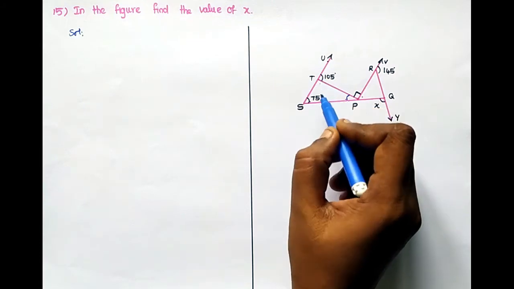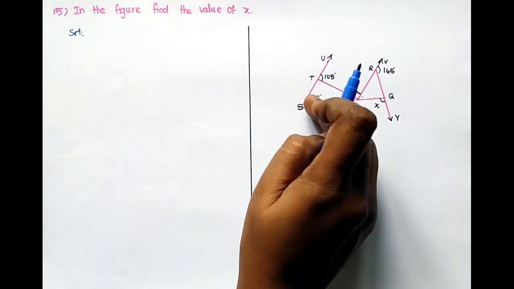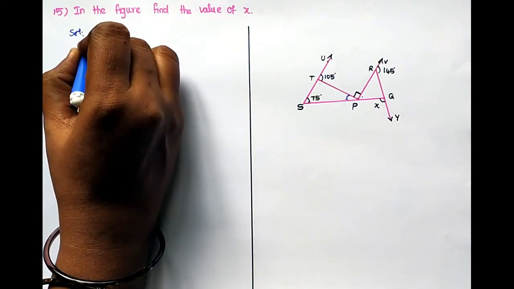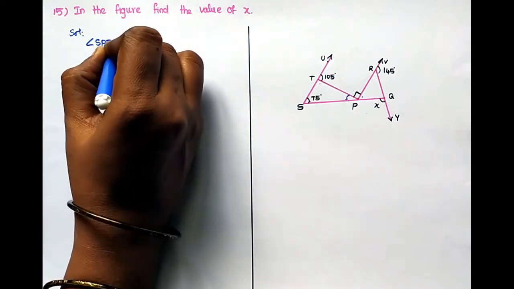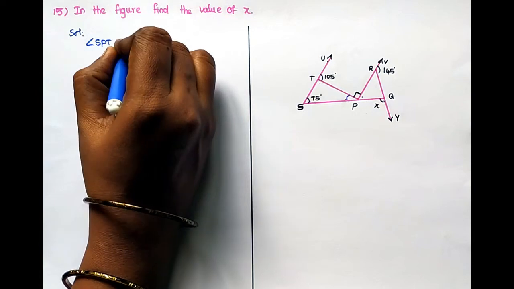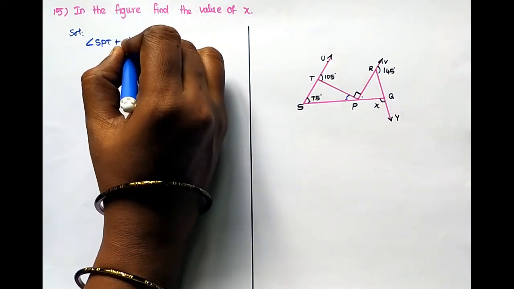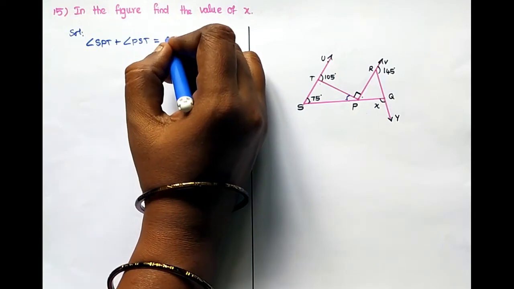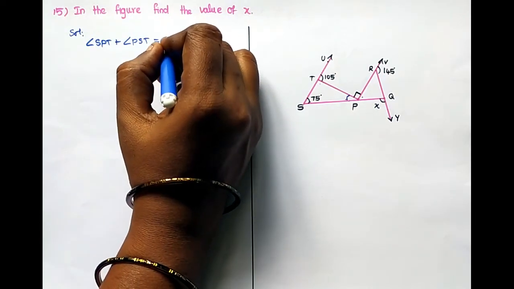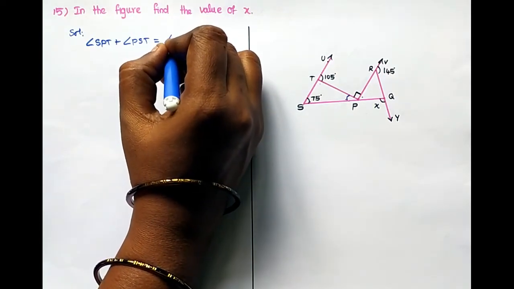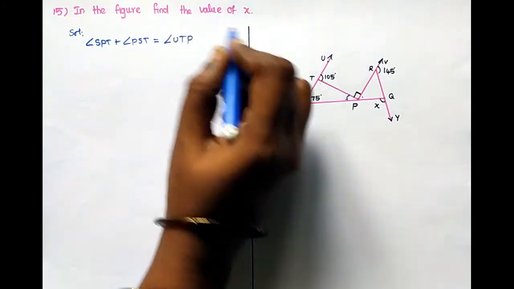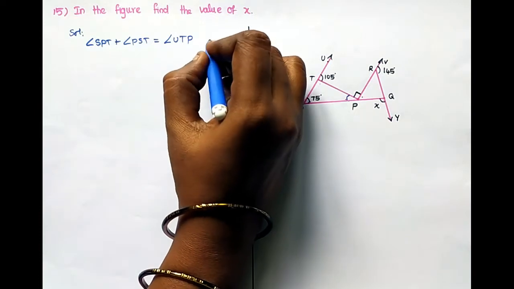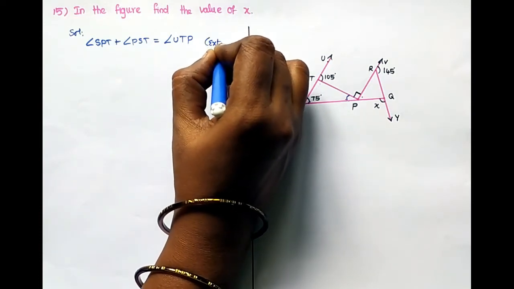So exterior angle equal to sum of these two angles, interior opposite angles. So angle SPT plus angle PST equal to angle UTP. Okay, that is exterior angle.